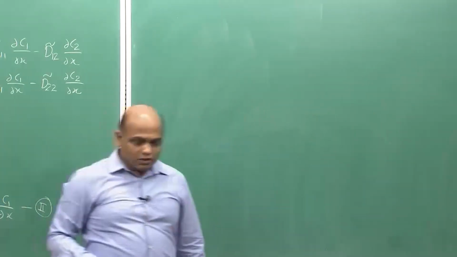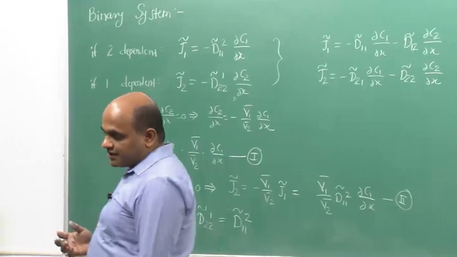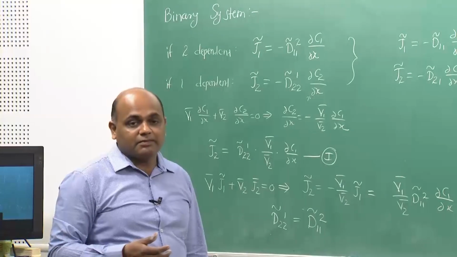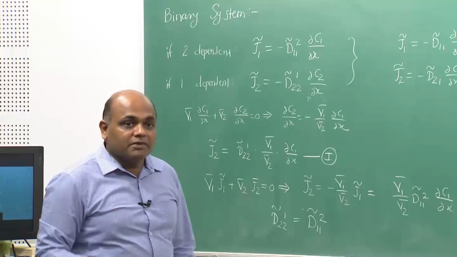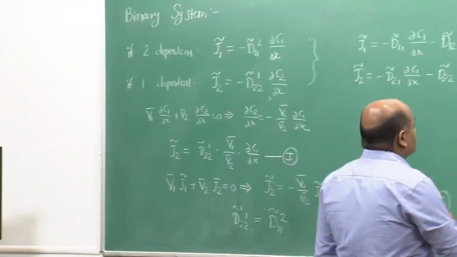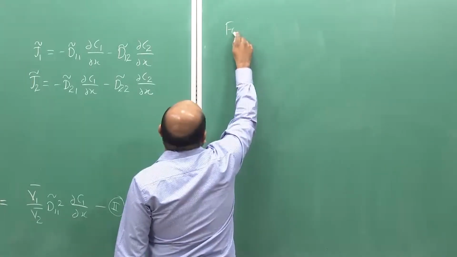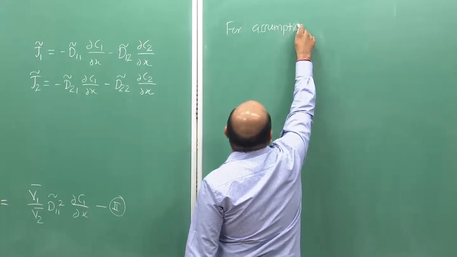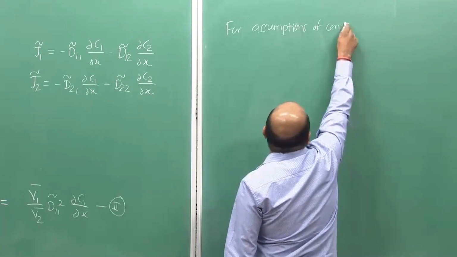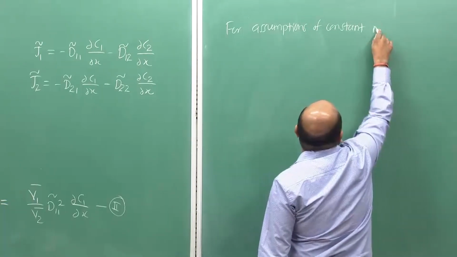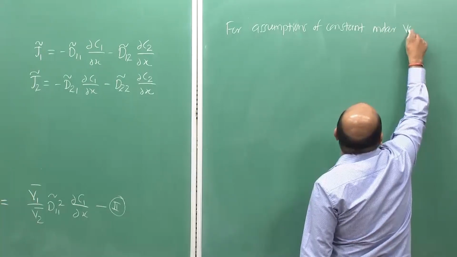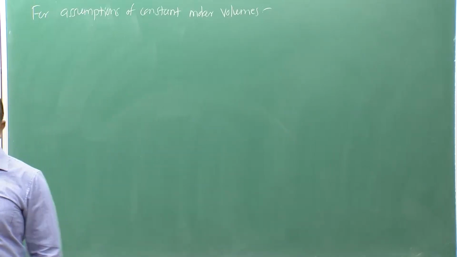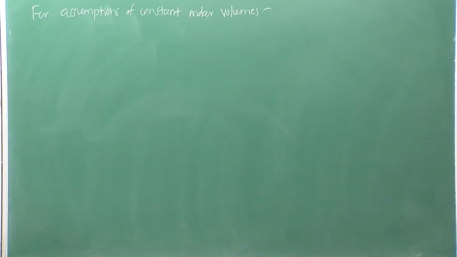So, varying partial molar volumes is a complicated case. Okay. So, typically during the experimental measurements, it is commonly assumed that the molar volumes remain constant. If the molar volume is constant, what does it imply?